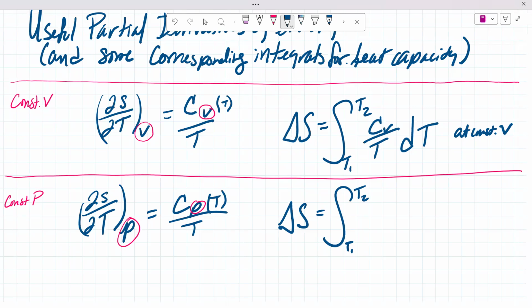It doesn't actually change anything. It just says constant volume is a function of temperature, which we can already tell from the integral limits. Now we're going to do C sub P of T over T dT. Oops, not little t, big T. Big T, it matters. At constant pressure.